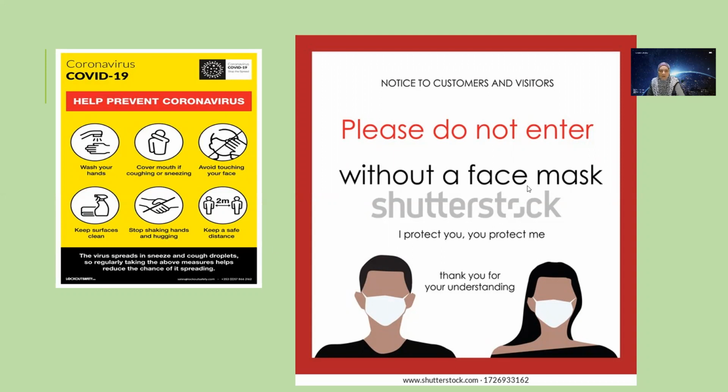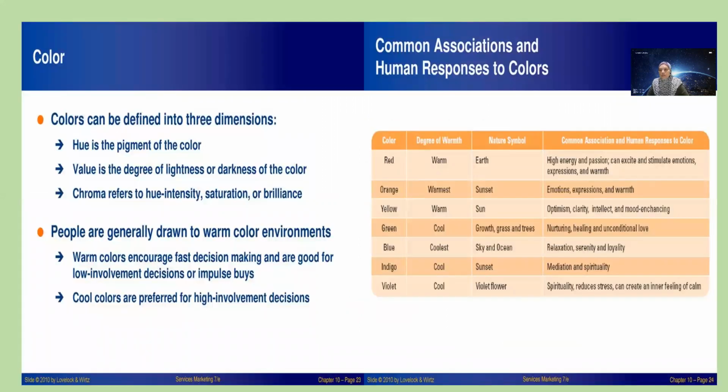Okay, and then you give notice to customers and visitors, please do not enter without a face mask. And then there's a community message here, I protect you, you protect me. So this is an example of signs and symbols. Okay, colors.